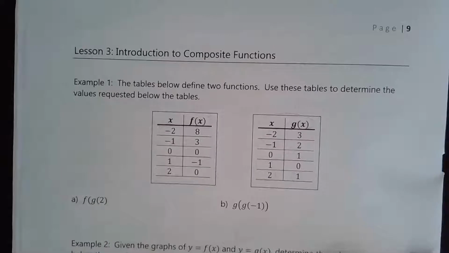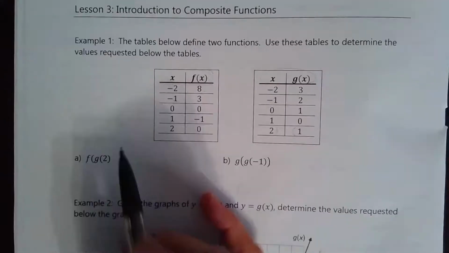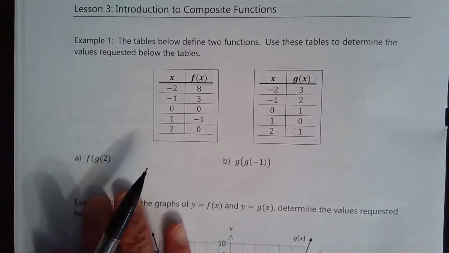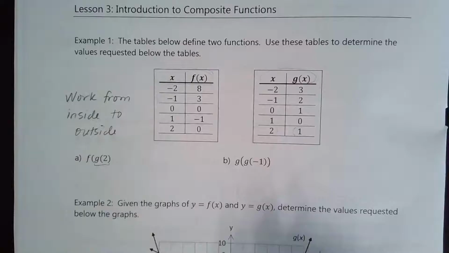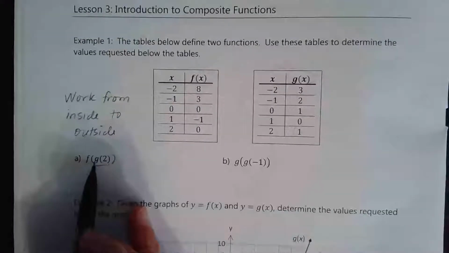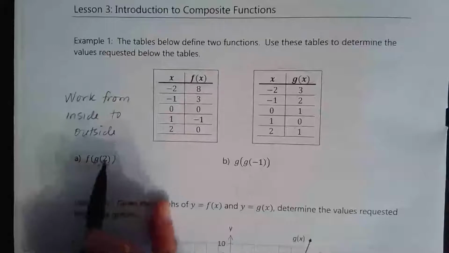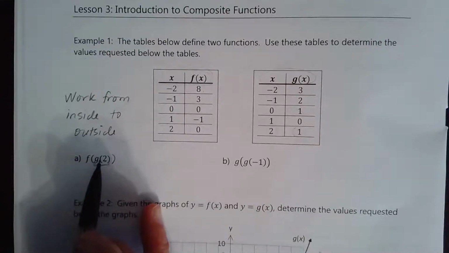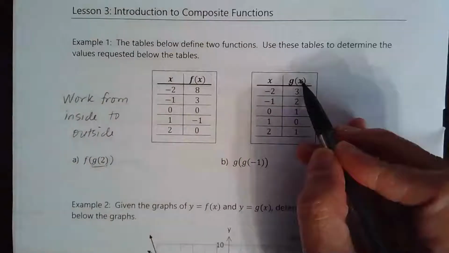Looking at this one, when we have a composite function, we can work from the inside. There should be brackets there. We're going to work on the inside first, or figure out g of 2. So if x is 2, what is g of 2? You're going to look over here in this table of values.